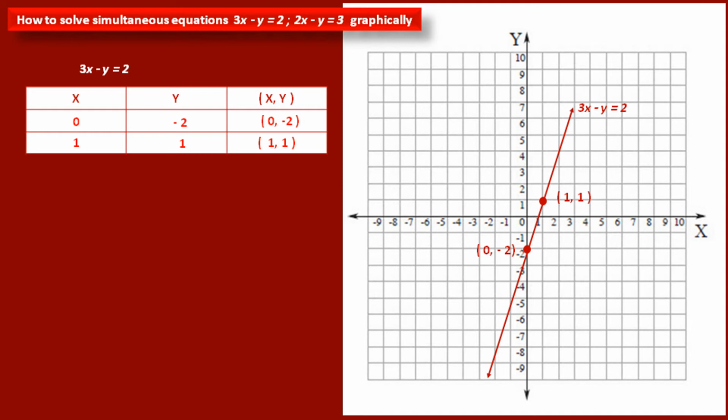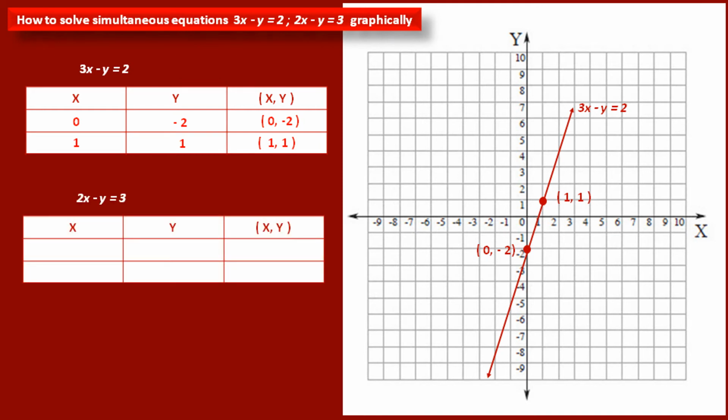Now we have to find 2 points to draw the graph of the equation 2x minus y is equal to 3. First, let us take the value of x as 0. If we put this value in equation, we get a value of y as minus 3.